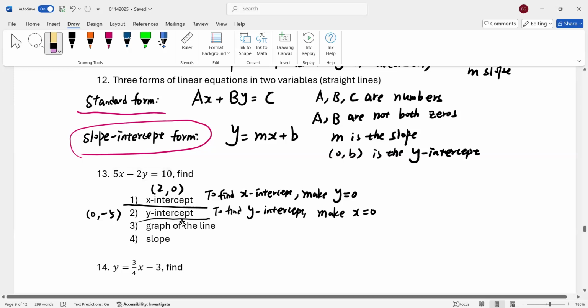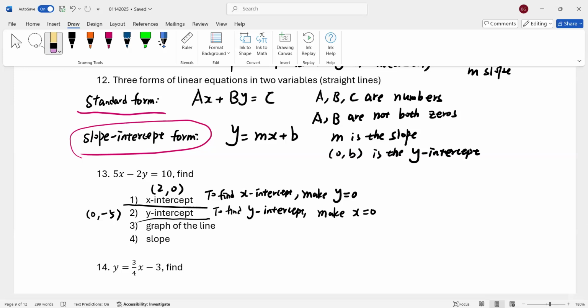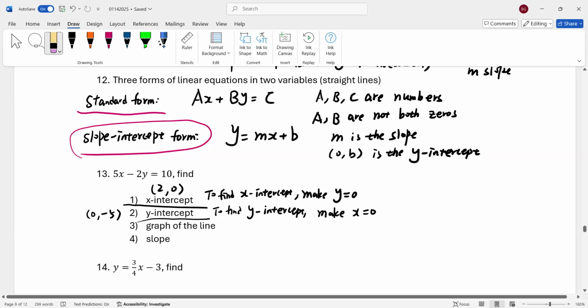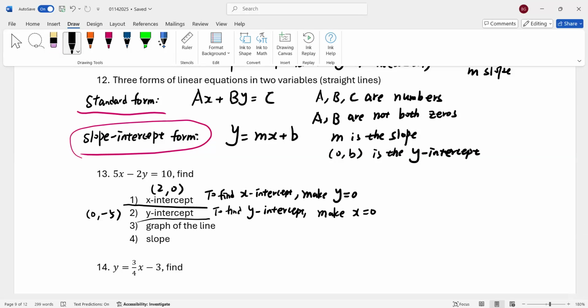So this is the x-intercept and the y-intercept for a straight line. The same idea applies if the graph is not a straight line. Any other functions, their graphs are curves, right? And they also have x-intercepts or y-intercepts. Same idea. You want to take notes. Here's very important. To find x-intercept, make y equals 0, and then solve for x, right?